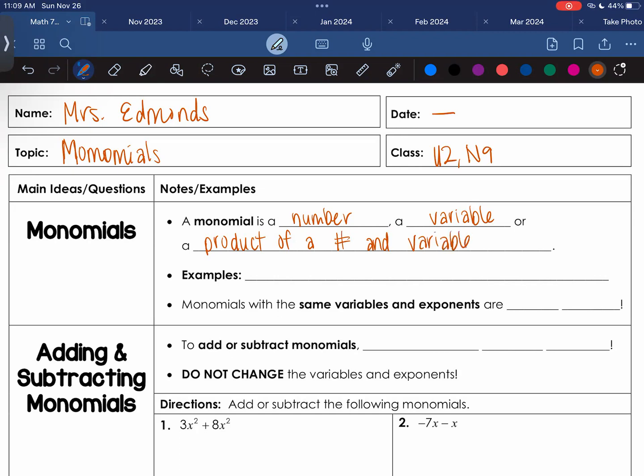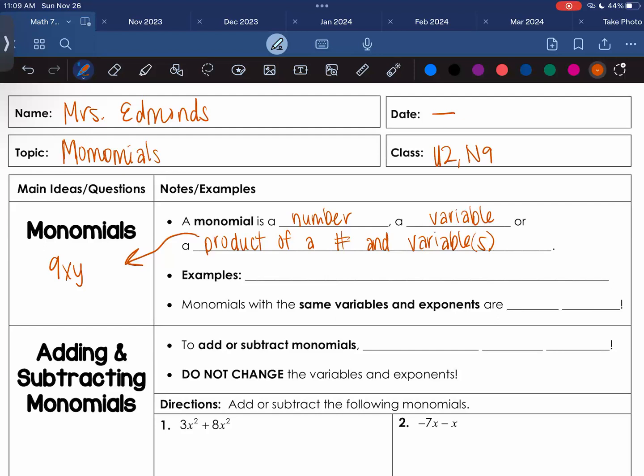It could also be more than one variable, which is why I'm putting that S in parentheses. What this means is that you have like 9 times X times Y. A number would just be a number, a variable would just be a letter, but a product of a number and a variable or variables, an example would be 9 times X times Y.